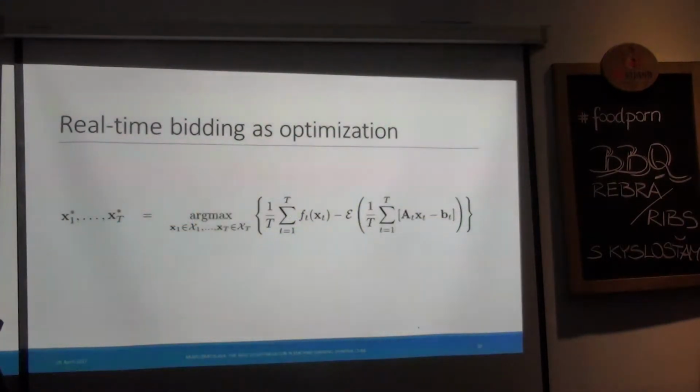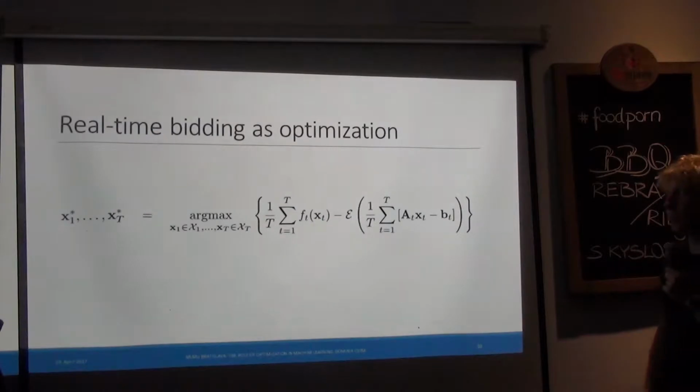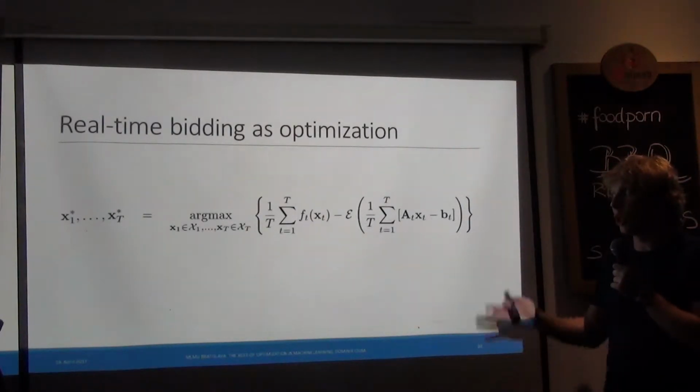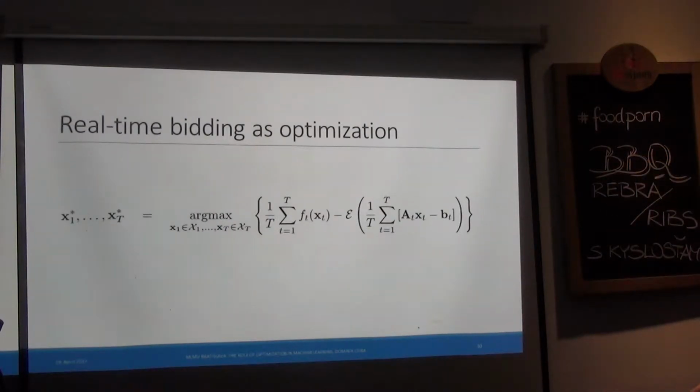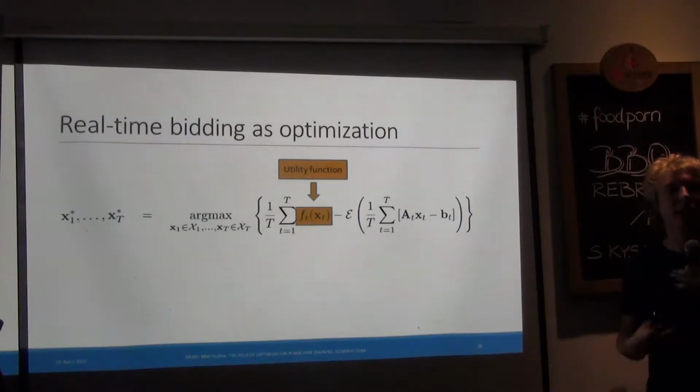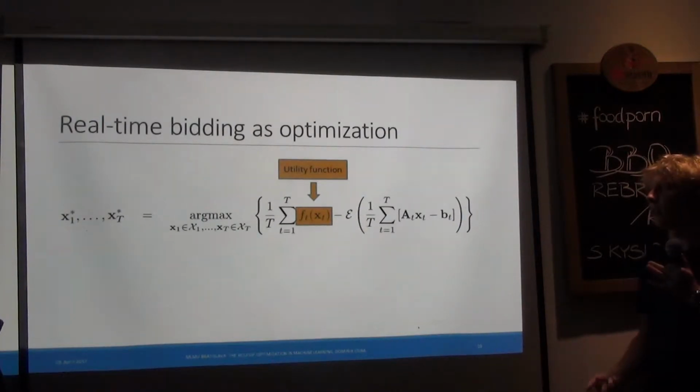So if you want to rewrite it as some sort of optimization problem, this starts to get complicated, but it's still parsable in some sense. So the first term is this utility function. It just means how good it is to show this ad to the given user.